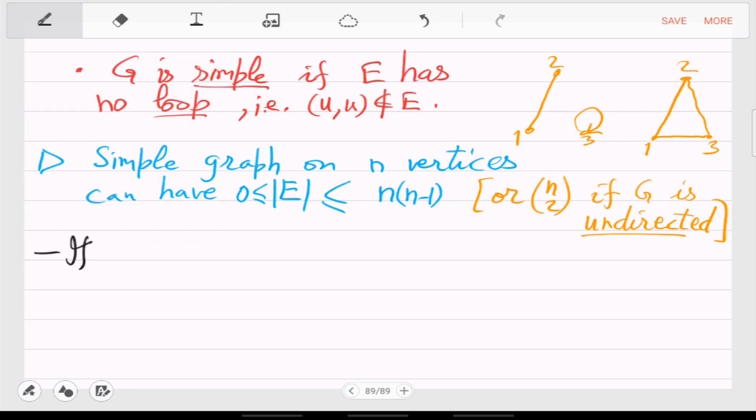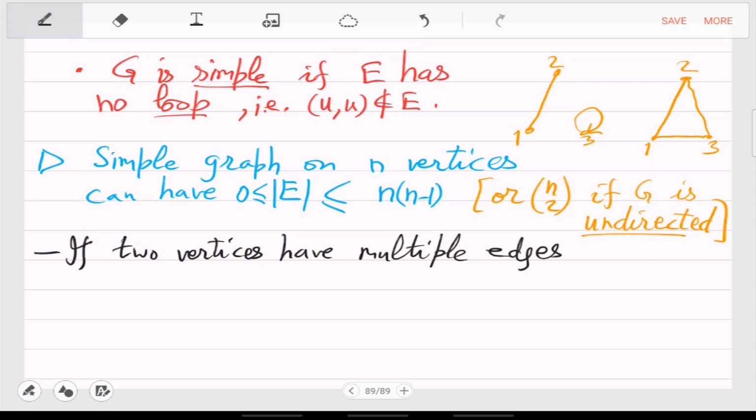If two vertices have multiple edges, then the graph is not called a graph, it's called a multigraph.